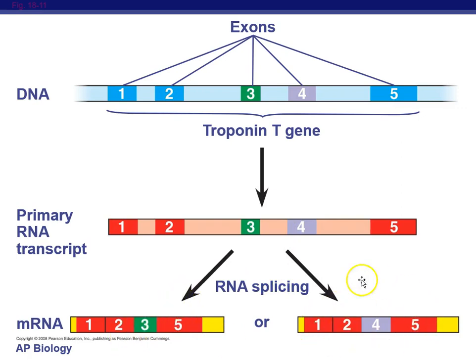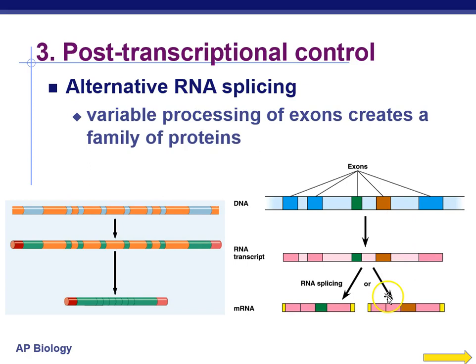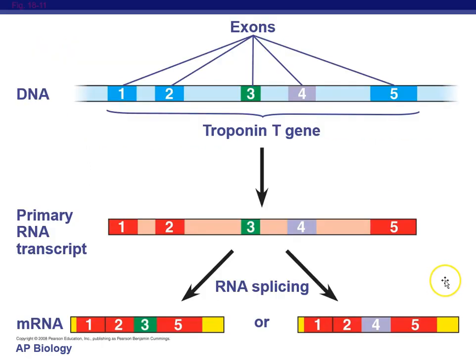Or over here, maybe we don't need region number 3. So we can get 2 different types of protein from the same mRNA transcript just by splicing it differently. This is called alternative RNA splicing. Just variable ways to process our mRNA transcript, or to use DNA's code to make different proteins.